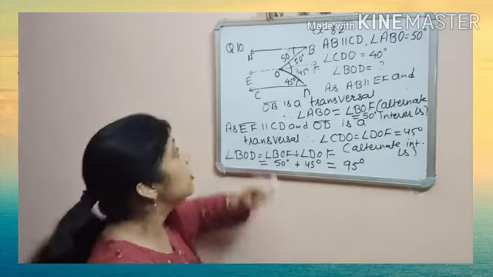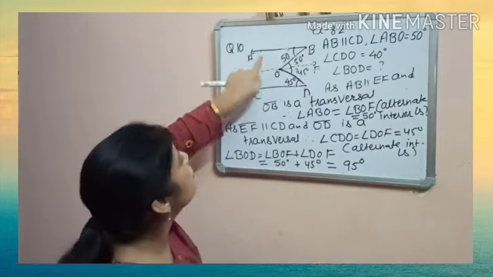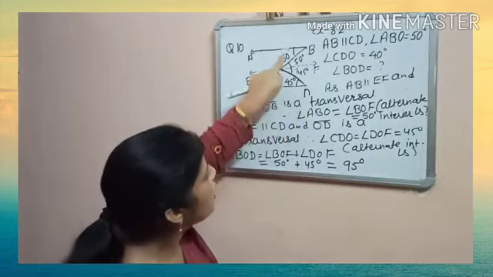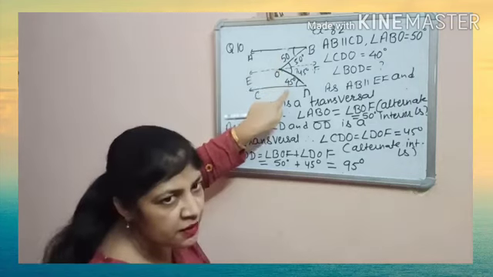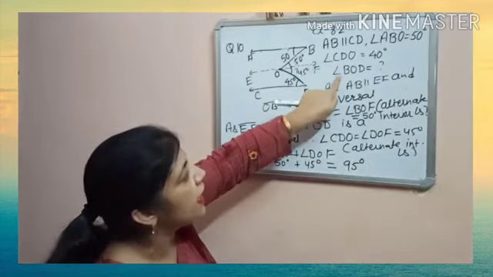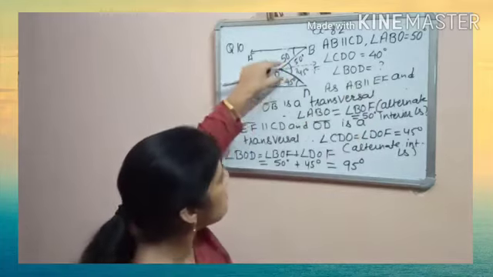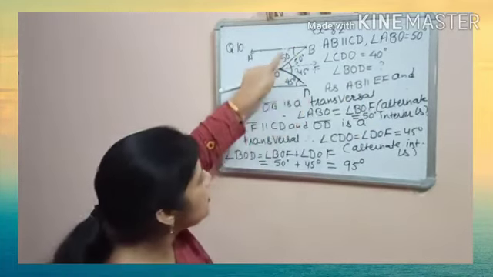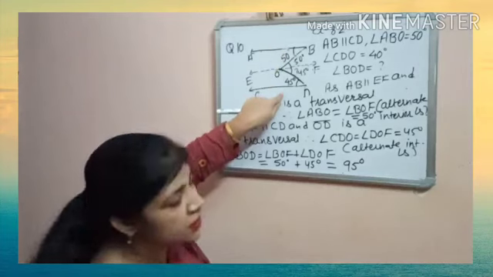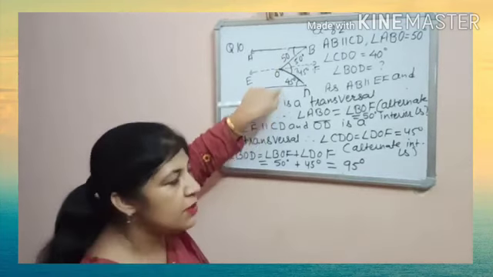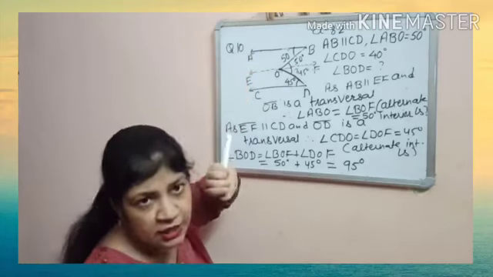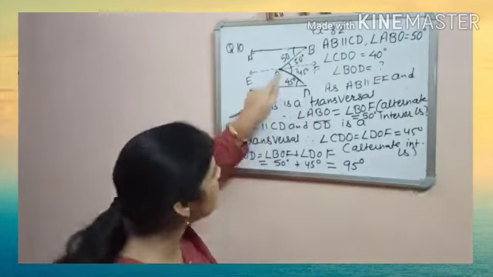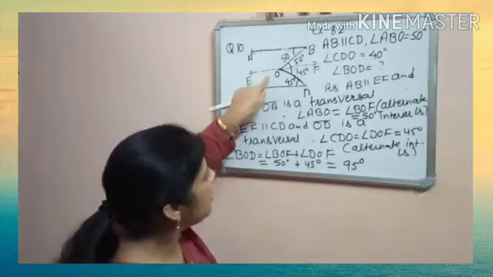Is that clear? You are given two parallel lines, means AB is parallel to CD. These two angles are given and you need to find angle BOD. There is no direct relationship between these two parallel lines because the transversals are not the same. So here you need to draw one more parallel line, EF.